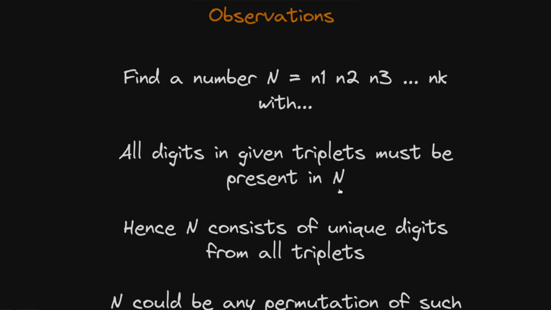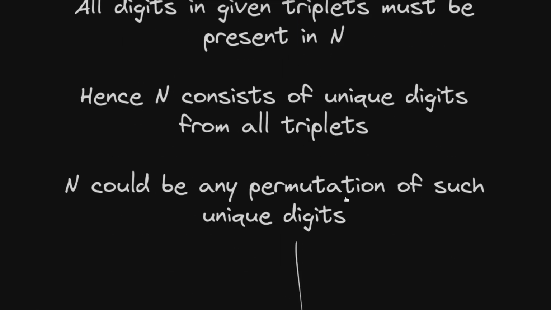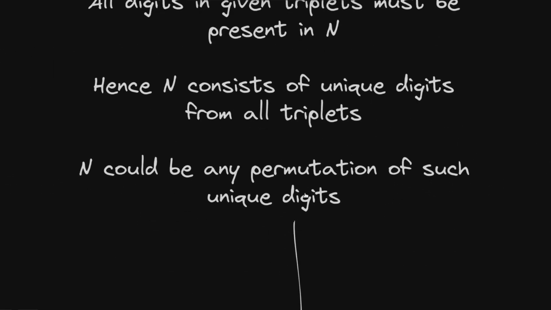This is another observation, and from this we can derive that n could be any permutation of such unique digits. If a number contains 5 unique digits, then we can iterate over all the possible choices of n by going over all the permutations of those unique 5 digits.